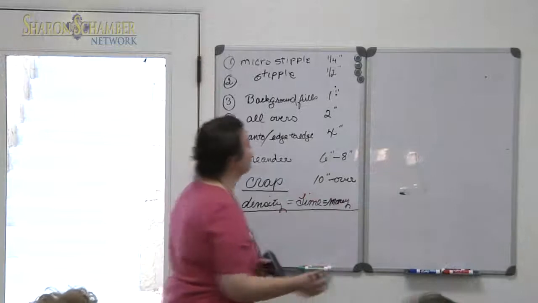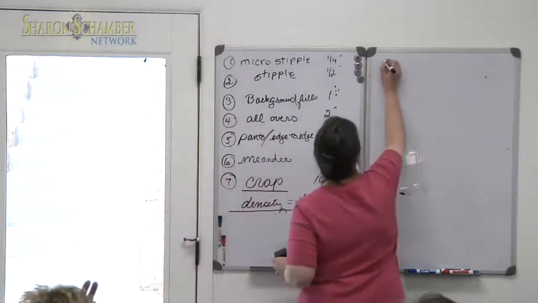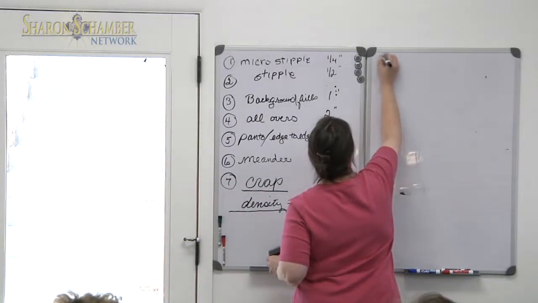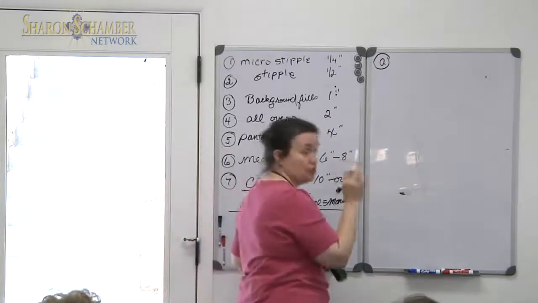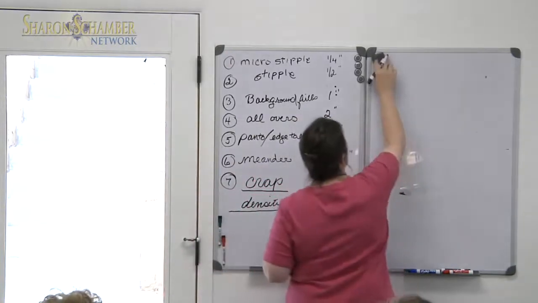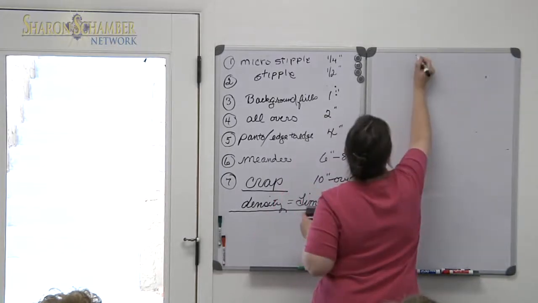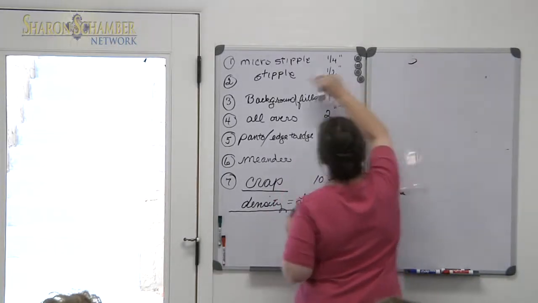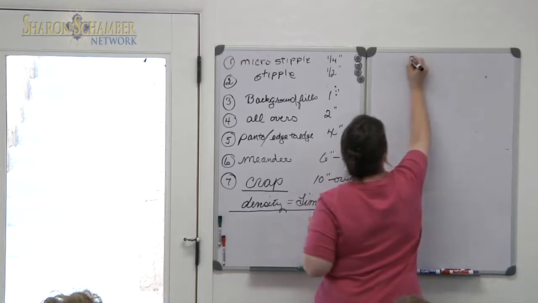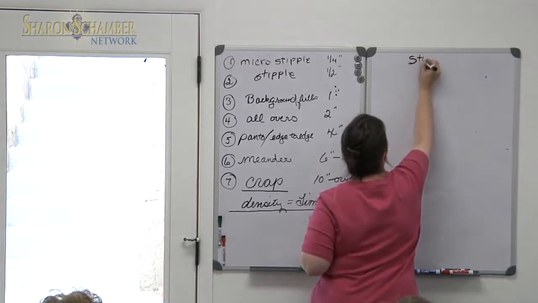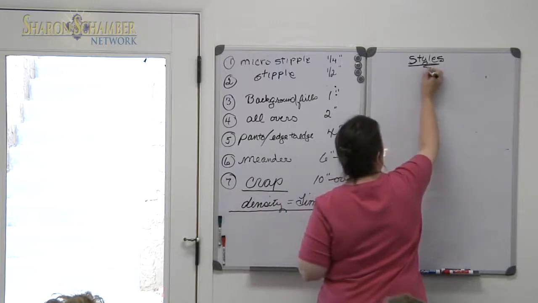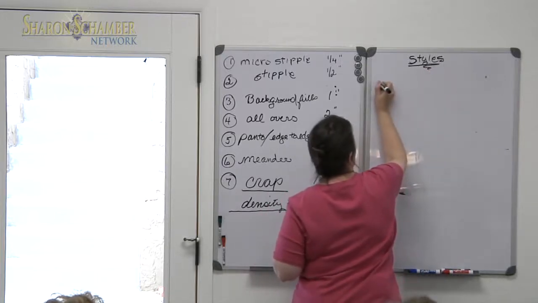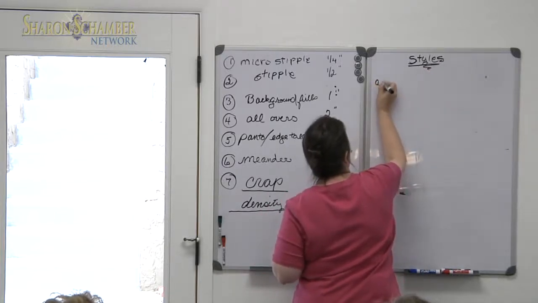All right, so let's do our other list. I'm just going to do A. We already know the answer for this because she has it on the paper, but these are styles of quilting. This is density, and this is styles. So what would be the most pristine style of quilting?